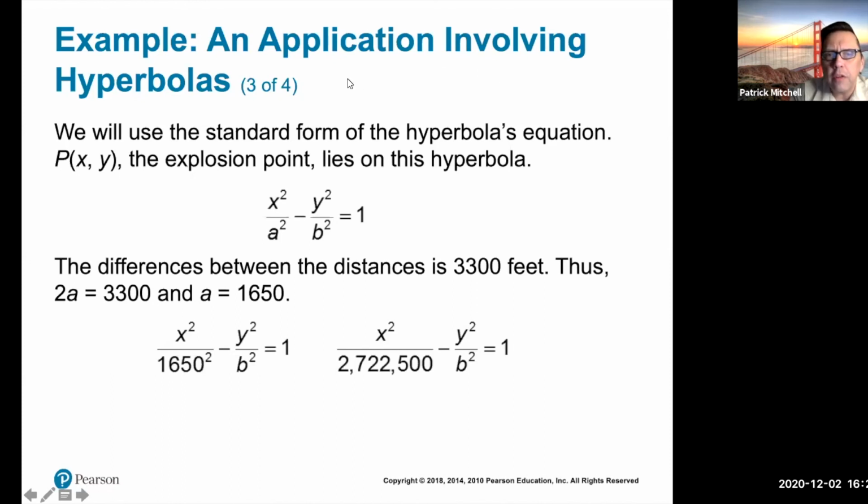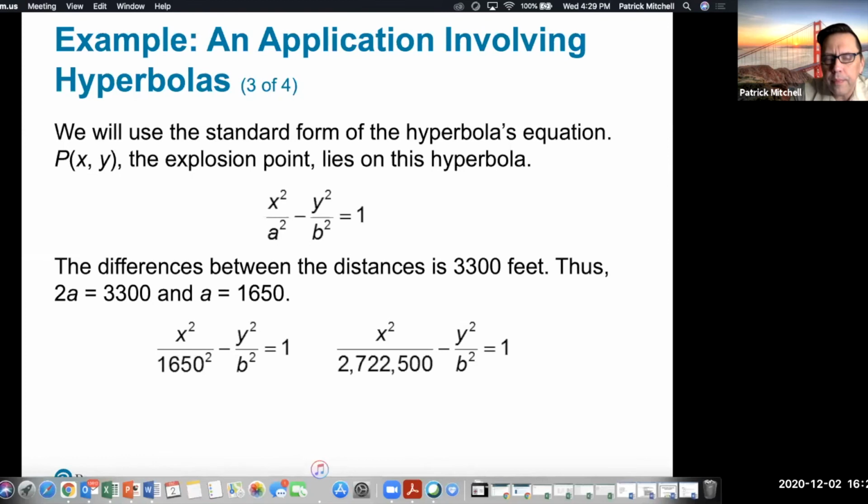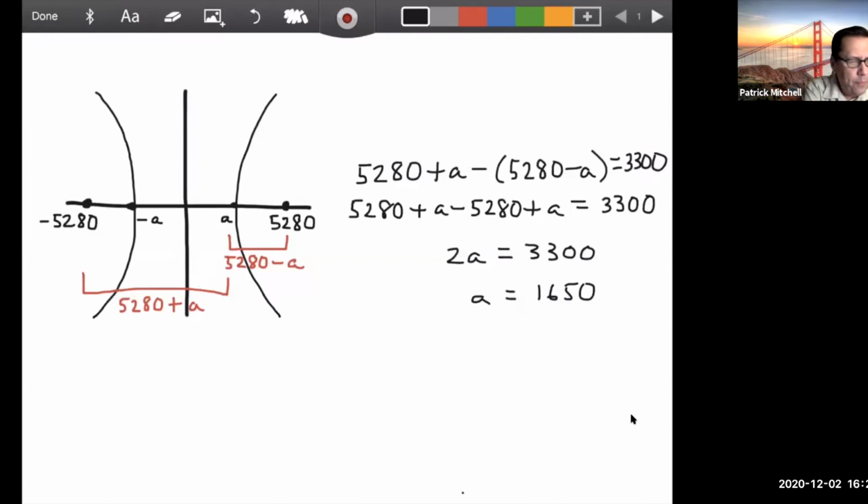So I'm going to switch over to my tablet where I have drawn a picture of that. Okay. So let's suppose for a moment that the explosion happened right here. This is one of the points on the hyperbola. Remember that the difference between the distances to the two microphones comes out to 3,300.